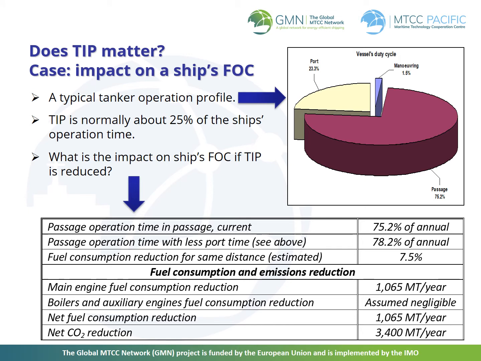The table shows the result of a simple calculation in terms of a ship's fuel consumption reduction, denoting a reduction of more than 1,000 tons of fuel consumption per year. This exercise shows how effective the reduction in port times could be on the overall energy efficiency of a ship, and how large gains could be achieved through better port-related operations.